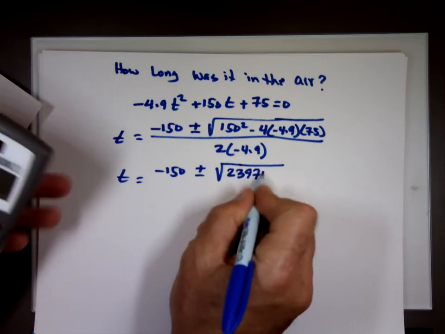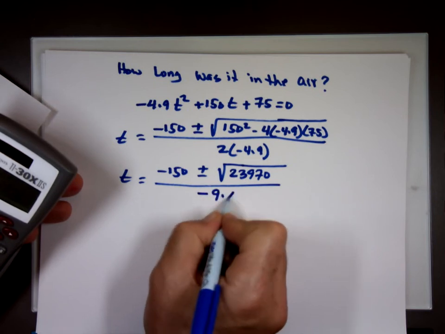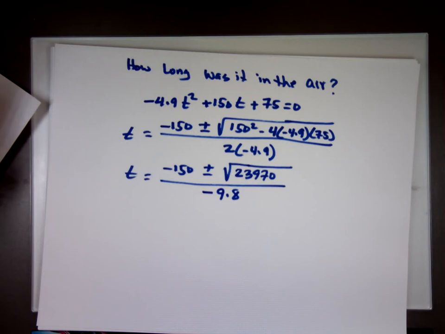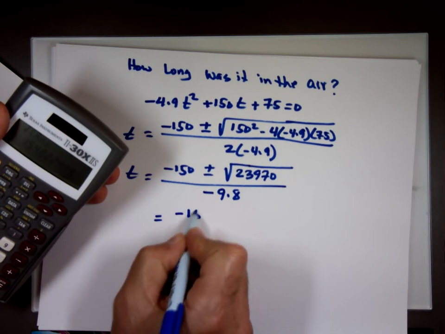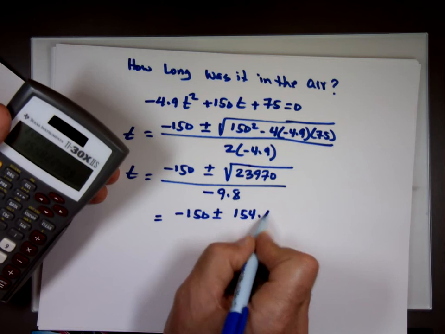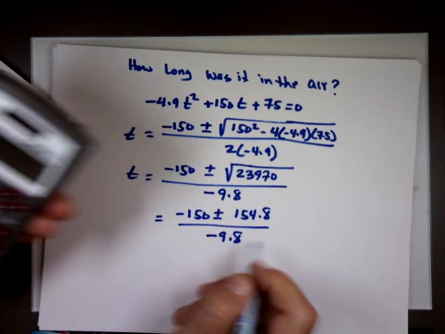I don't trust myself with the calculator. I can double check the numbers. I'm horrible with calculators. Take the square root of that number, 154.8. We have two solutions.